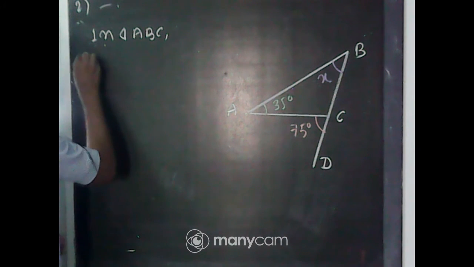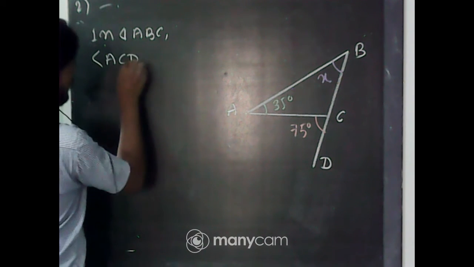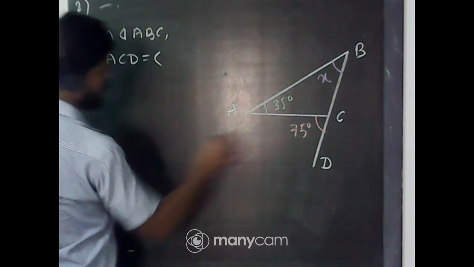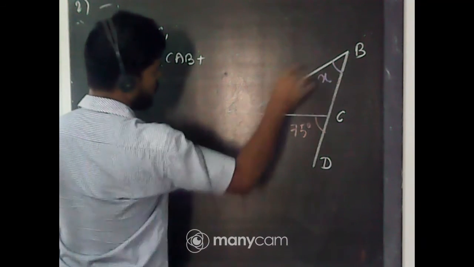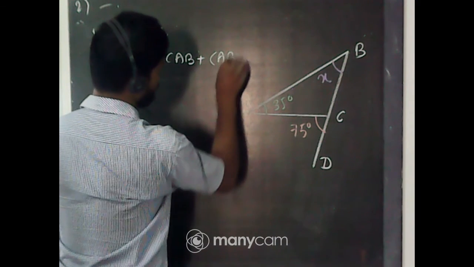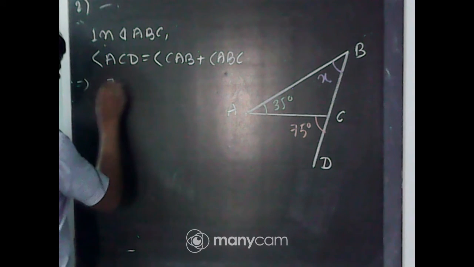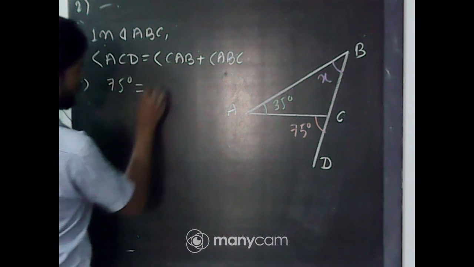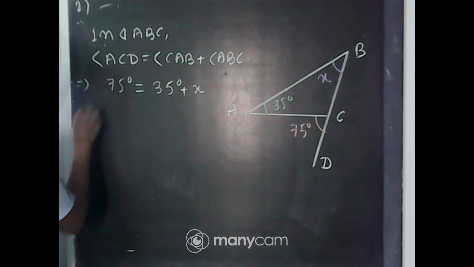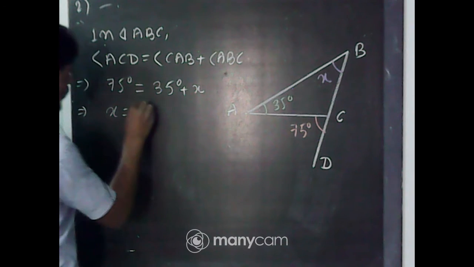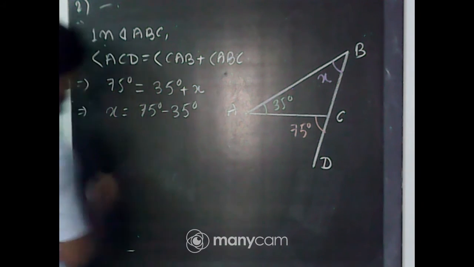That means angle ACD is equal to this angle CAB plus this angle ABC. Now put the values: ACD means 75 degrees is equal to 35 degrees plus x, which means the value of x is equal to 75 degrees minus 35 degrees.